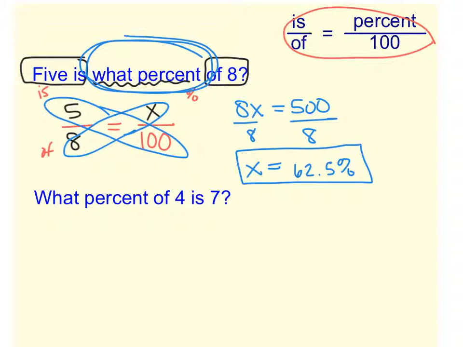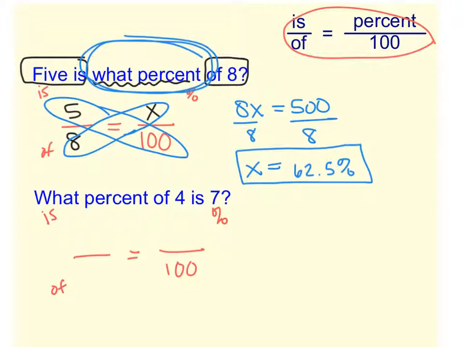So let's practice again, setting up our percent proportion. Again, I'm going to put 100 in the bottom. And now let's look at the problem. It says, what percent of 4 is 7? So just a reminder, it's is over of equals percent over 100. So what percent, there's the what, but I'm going to focus on the is and the of first.